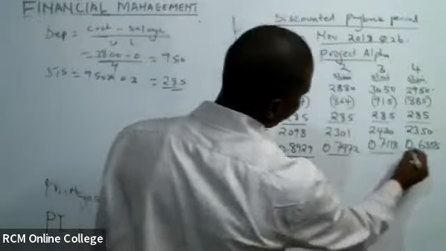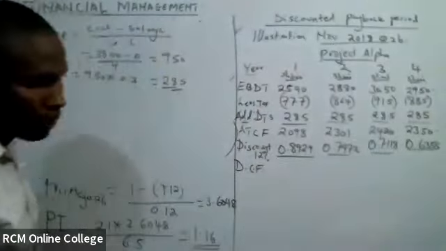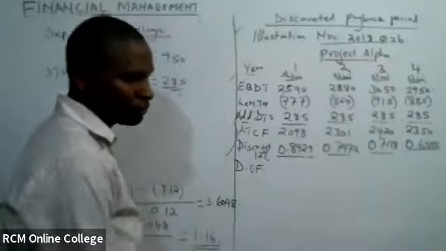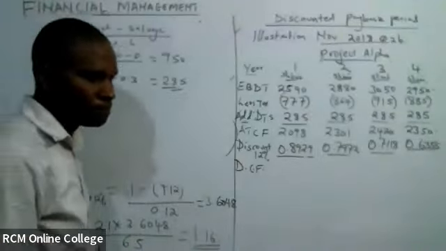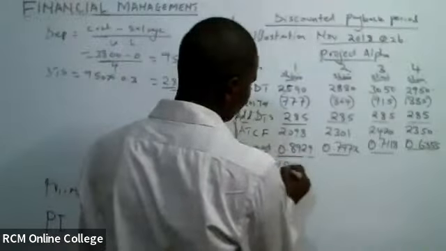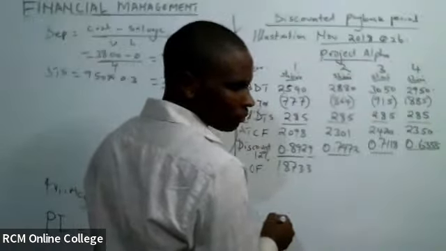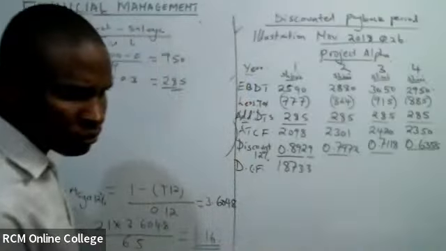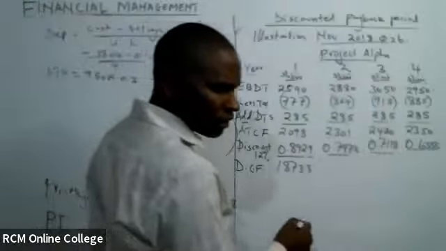So why can't we get the discounted cash flow? That is what we want. Discounted cash flow for the first year, just multiply like that, and to 1 decimal place: 1873.3. One decimal point, okay. The next one, 1834.4.